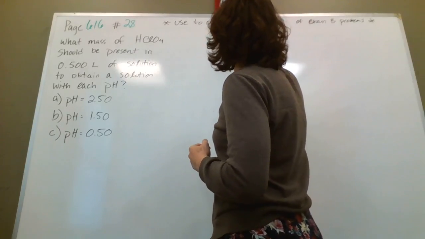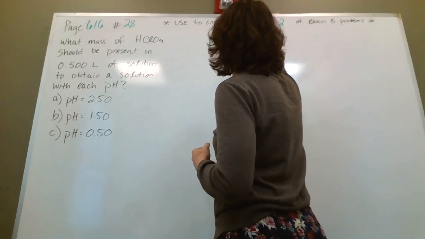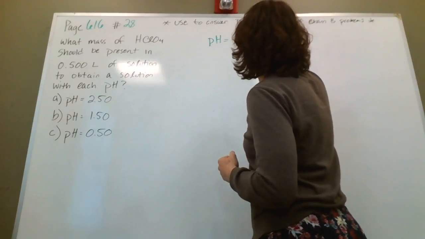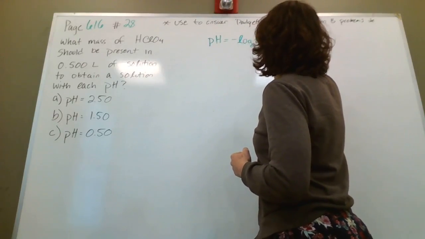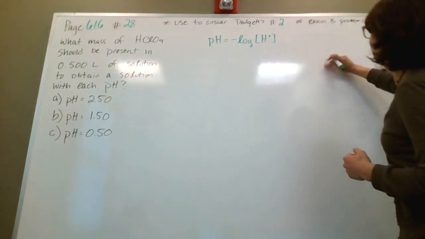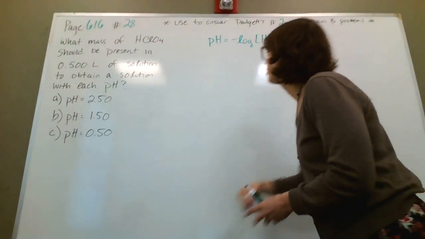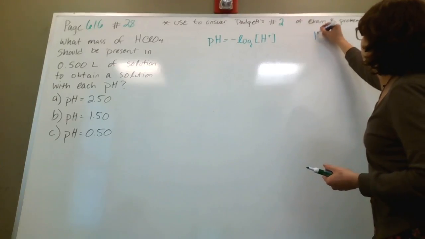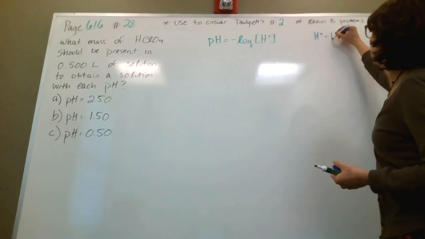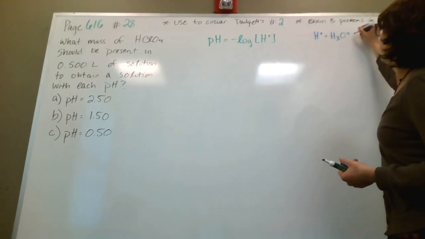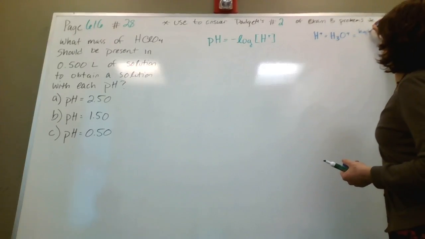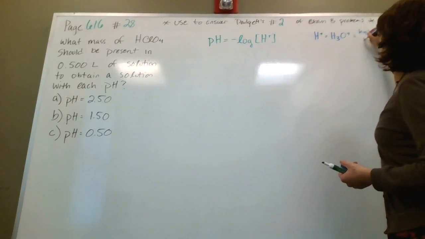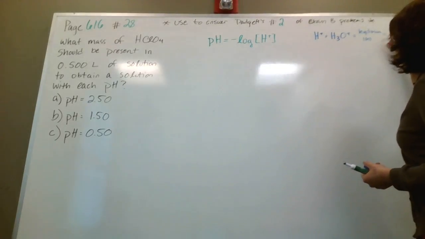Recall this equation: pH equals negative log of H plus. And on the side here, I'll just remind you that H plus equals H3O plus equals hydronium ions equals protons.